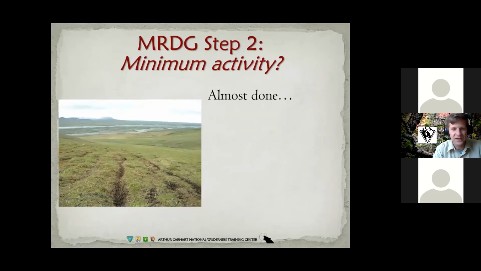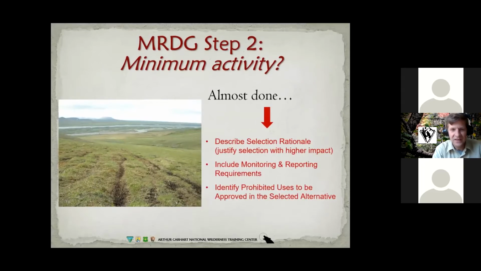So we're almost done. So to sort of finish up with your process, you've determined that the action is in wilderness and you have to do something. You're going to provide a description of which alternative you've selected and the rationale behind it.